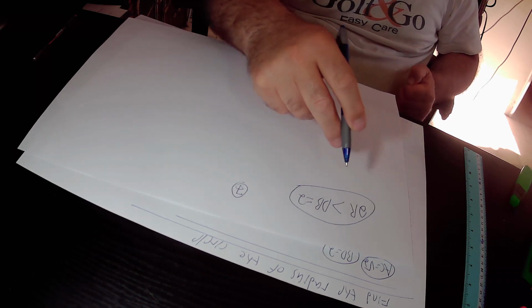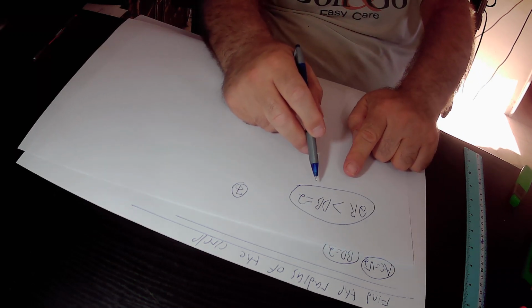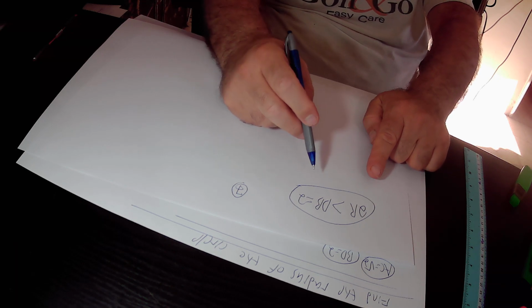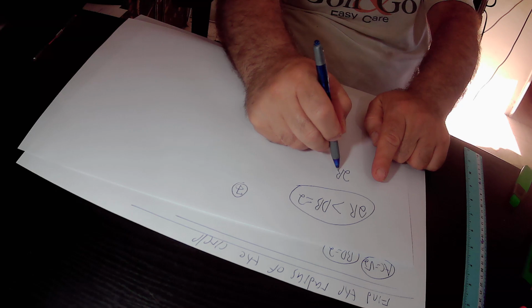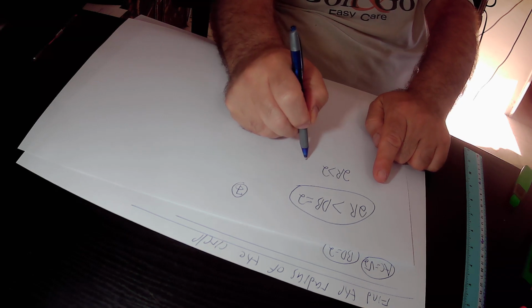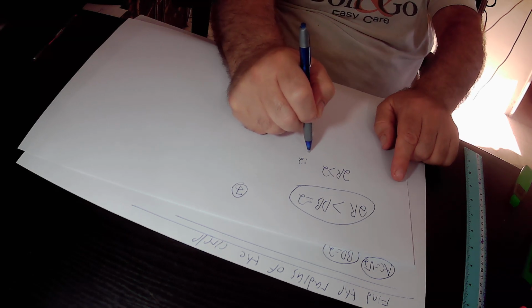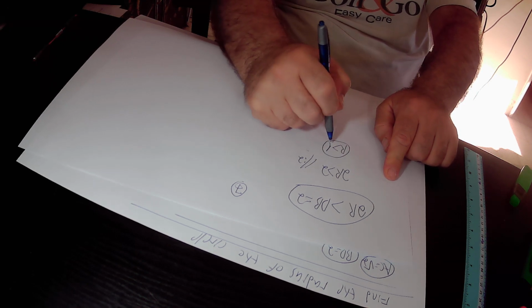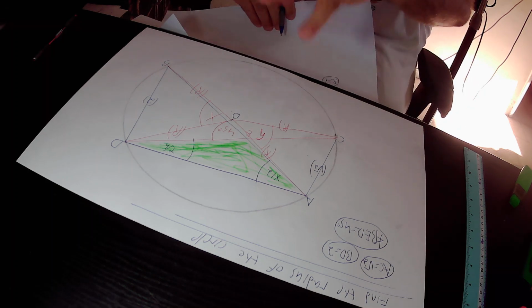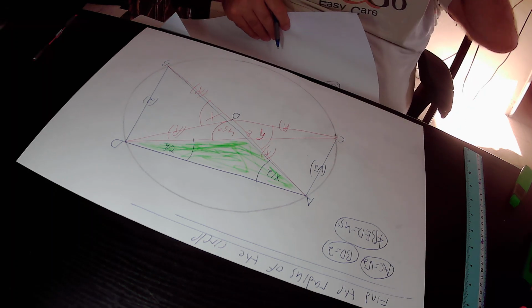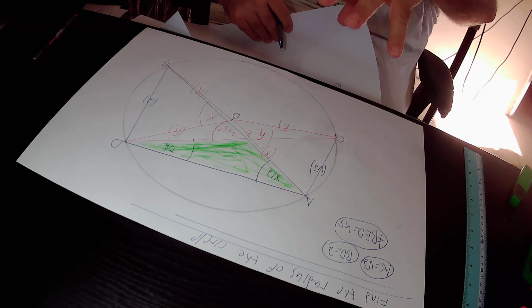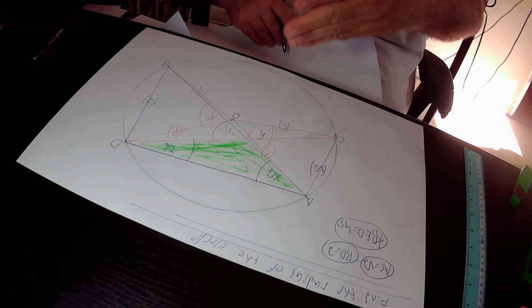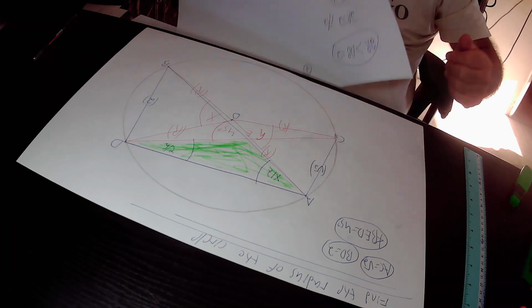From this, 2r is greater than DB, that equals 2, we derive that 2r is greater than 2. We divide this inequality by 2, and finally we get that r is greater than 1. So we found out that the radius r of this circle must be greater than 1, so the radius r cannot be equal to 1.